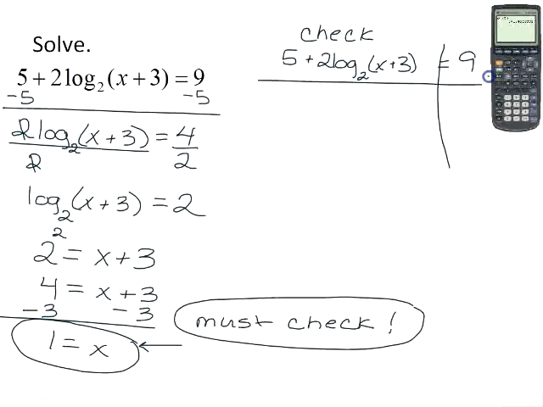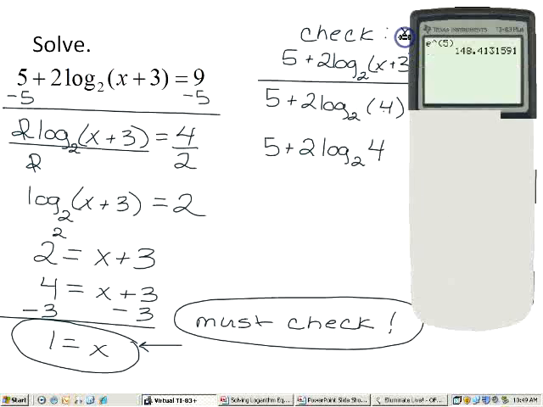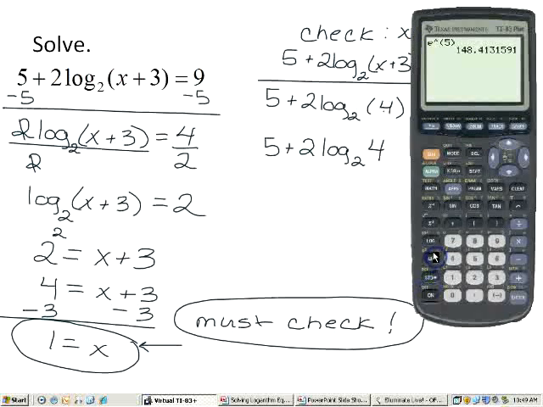And I want to make sure that my left side of my equation equals my right side. So if my x is 1, I would have 5 plus 2 log base 2 of 1 plus 3, which is 4. So this is 2 times the log base 2 of 4. Well, let's see here.